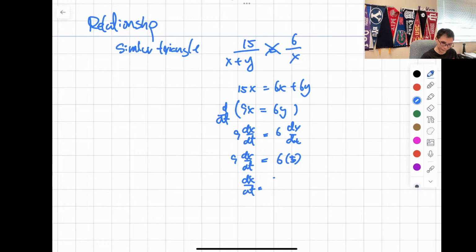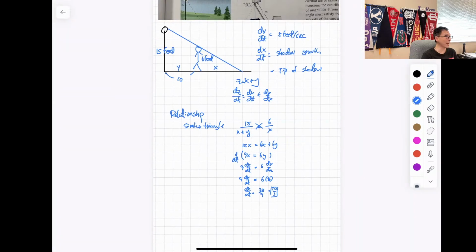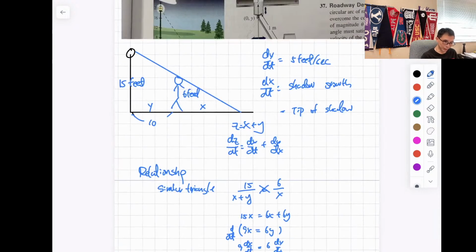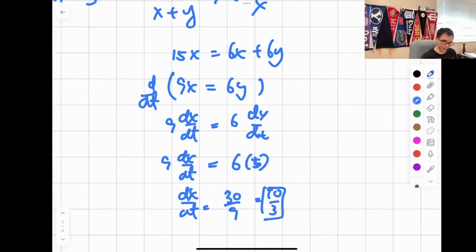Yeah. So that's equal to 30 over 9, which is equal to 10 over 3. Does that make sense? dx dt is how fast the shadow is growing. So we actually answer the question for part B: it is 10 over 3. That's how fast the shadow is growing.